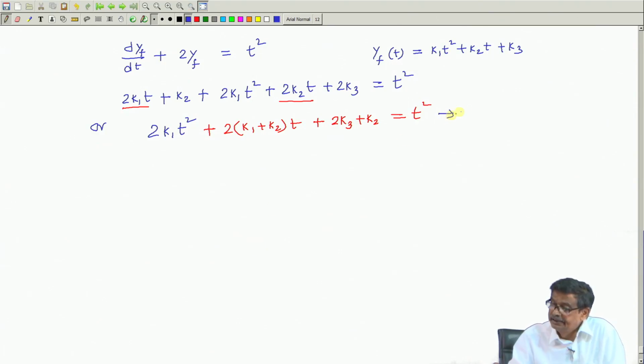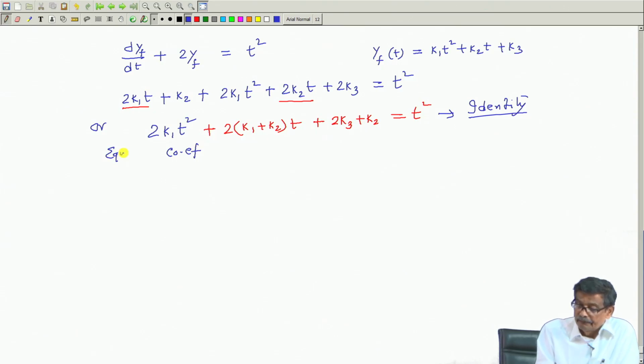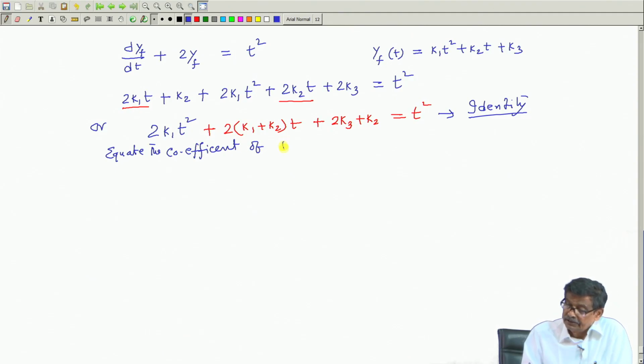So, this is an identity. Therefore, equate the coefficients of t square, t and t to the power 0 on both sides.